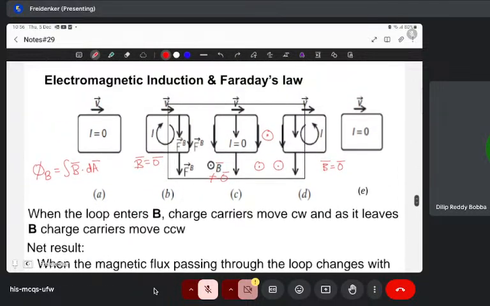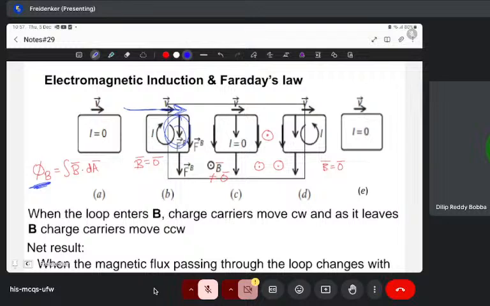If you notice, when this loop is entering the region of magnetic field, this magnetic flux is increasing. Why? Because as the loop goes inside, more and more magnetic field lines will start passing through the area of this loop.